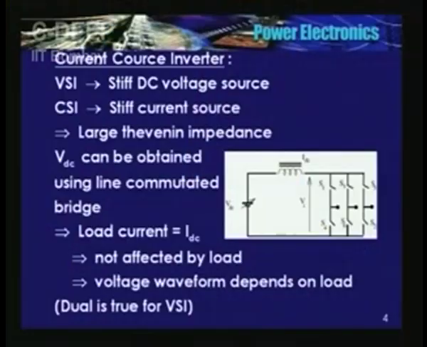So in a load commutated inverter fed drive, there are only 6 thyristors in the DC link. Please recall, while doing the initial portion of inverters, I said load commutated inverter fed synchronous motor drive.